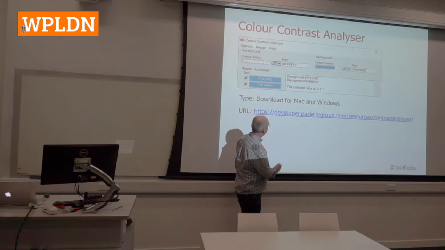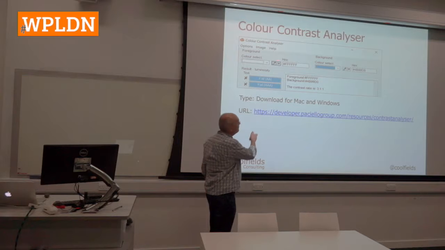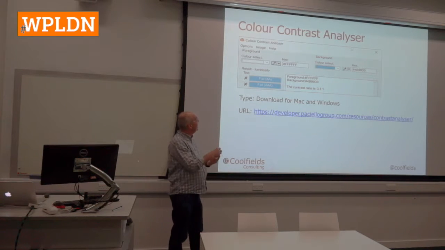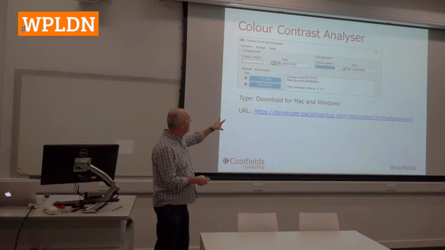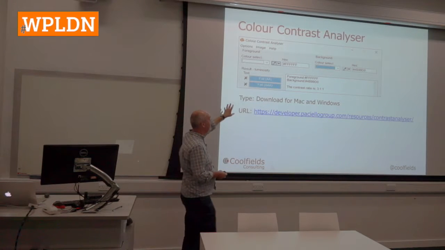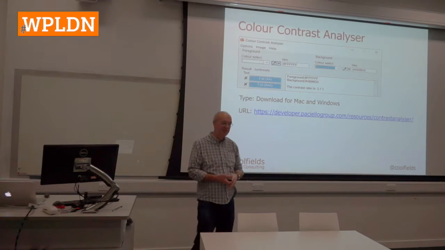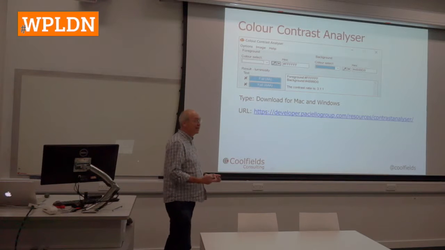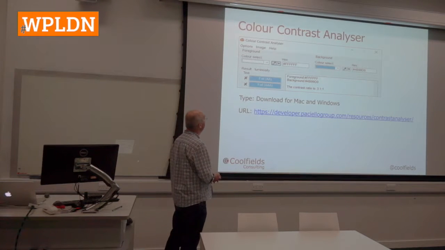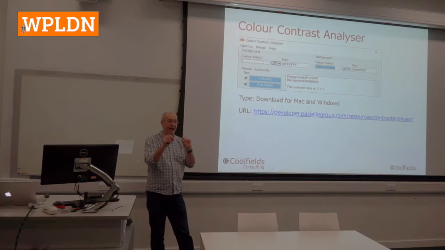But the great thing is this colour picker here, so you can select the foreground and background colours directly, and it will immediately show you whether or not, and in this case it doesn't, it passes the necessary threshold for colour contrast defined by the WCAG, the accessibility guidelines.